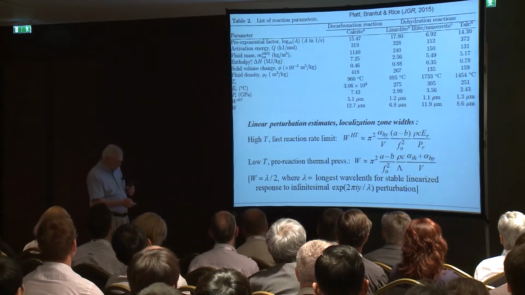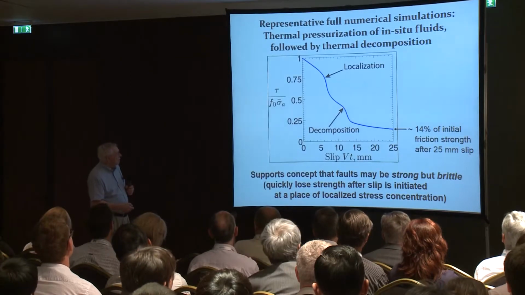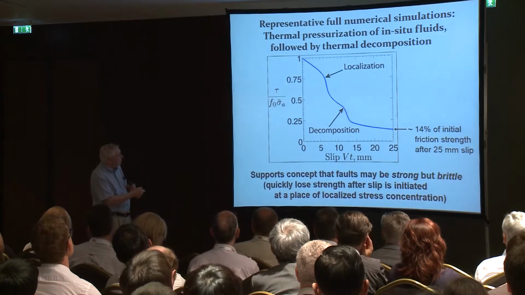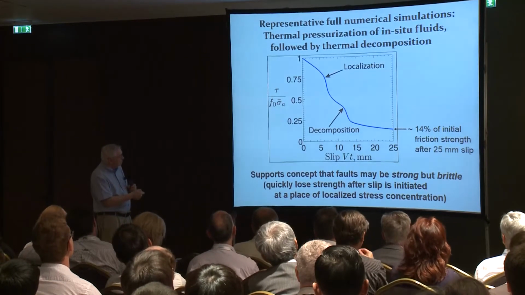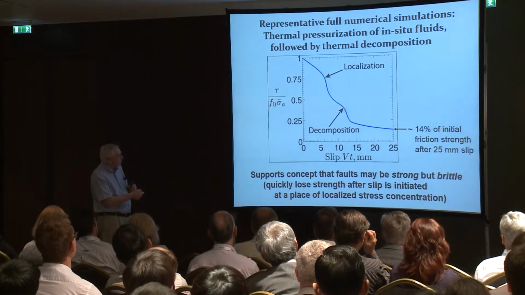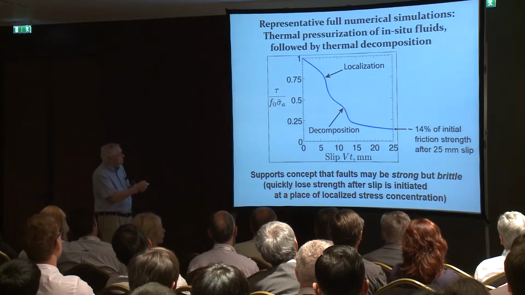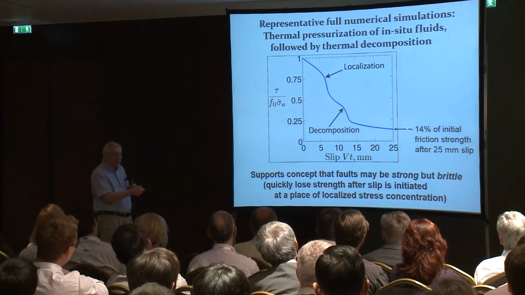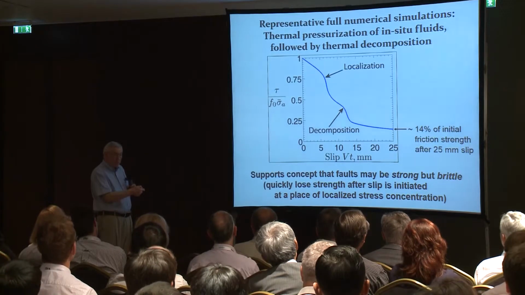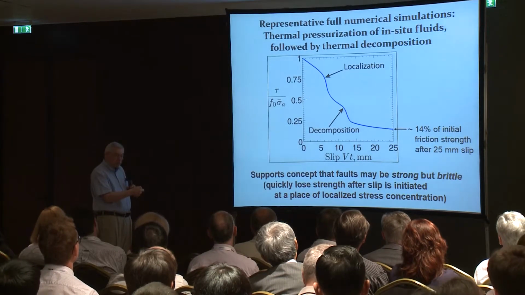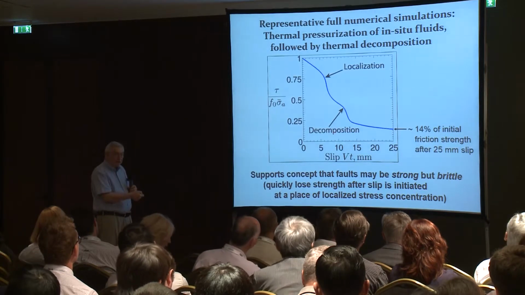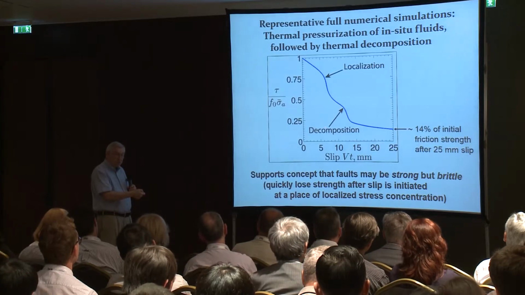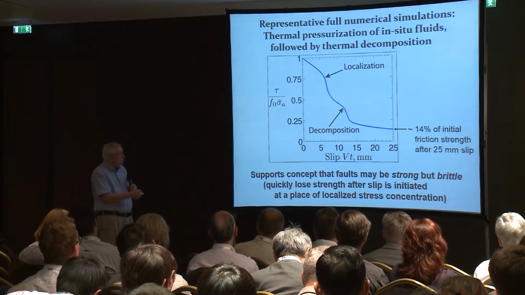So in any event, that's how the calculations are done. I'll not take you through all the gory details of that, but when we then plot the friction strength divided by normal stress, an apparent friction coefficient, this ratio starts out at 1 at the beginning of sliding, but as sliding goes on, first you localize, and that involves the help of pressurization of the existing fluid, but then the reaction sets in, and you're generating more fluid that comes out at high pressure from the decomposition reactions within the fault zone.